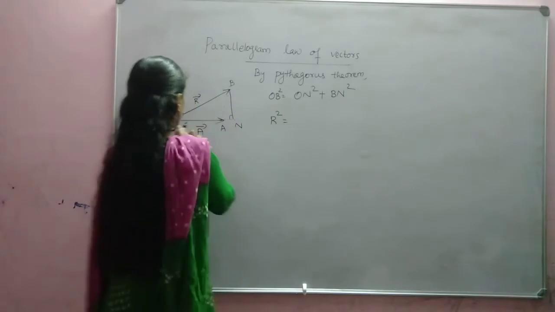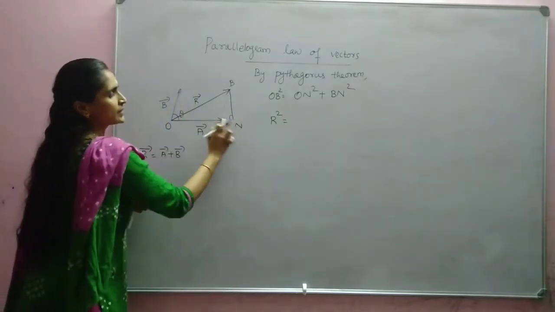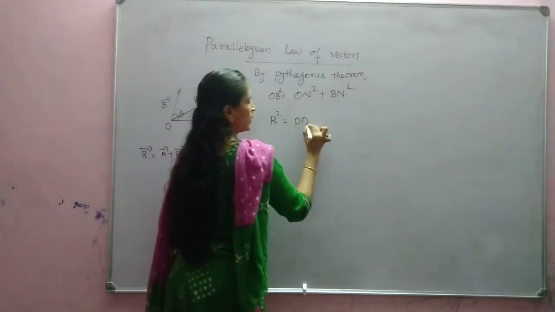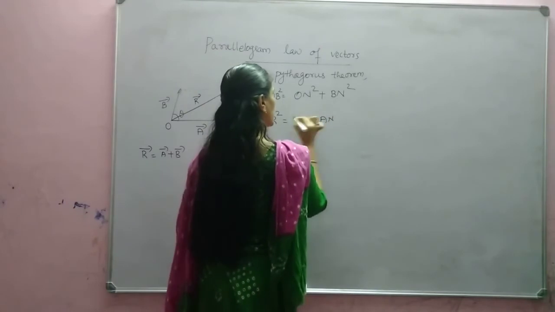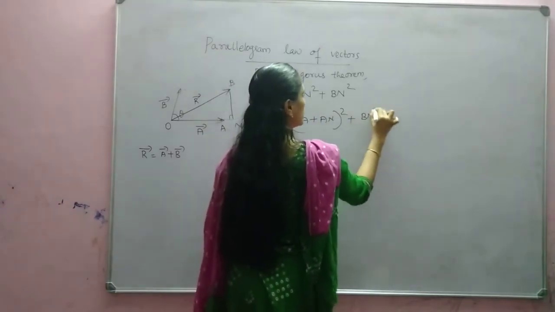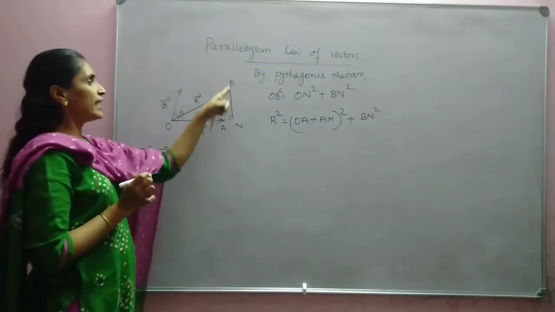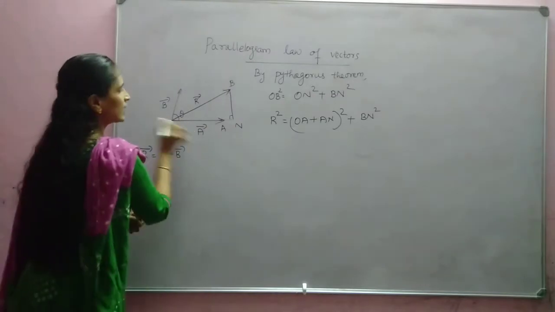So R square, and what is ON? ON can be written as OA plus AN. So we can write OA plus AN the whole square plus BN square. Now we can find AN and BN. How to find AN and BN? This angle is theta.